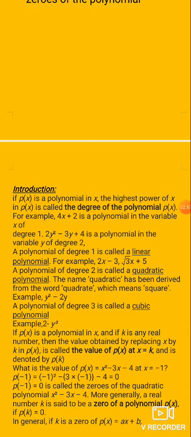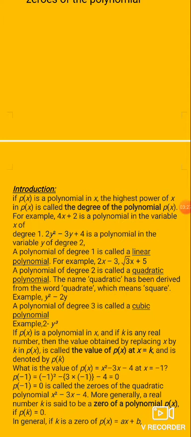Minus 1 square becomes plus 1. Minus into minus becomes plus 3. So plus 1 plus 3 minus 4 is equal to 0. So p of minus 1 is 0. Minus 1 is called the zero of the quadratic polynomial x square minus 3x minus 4.